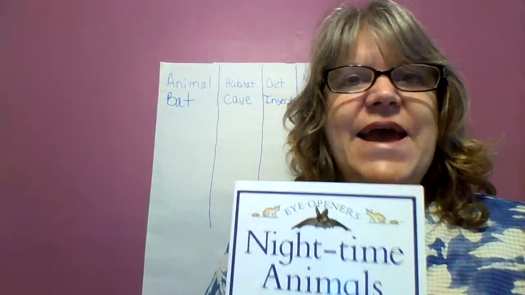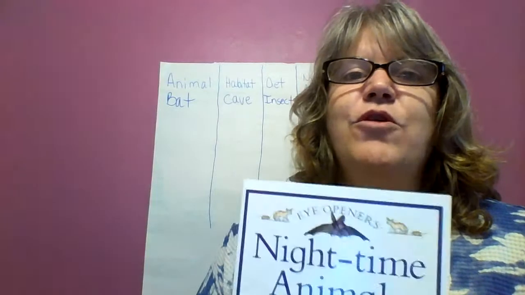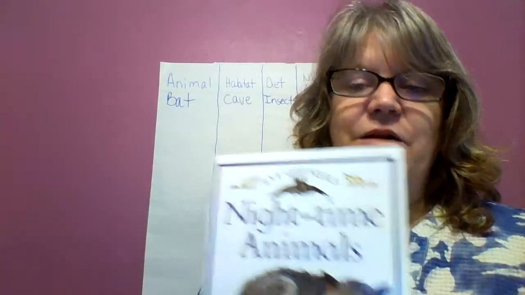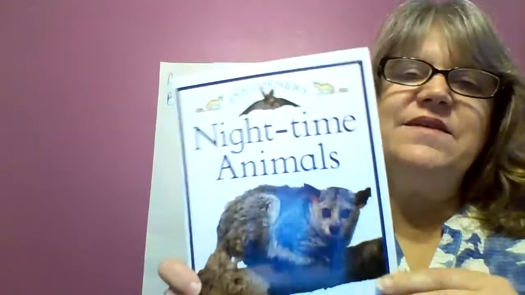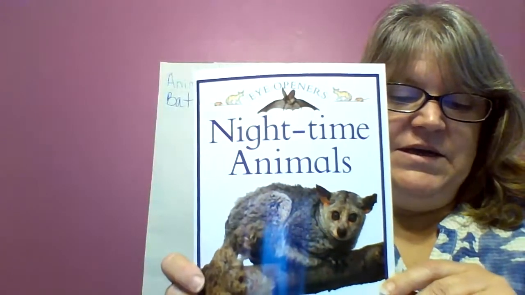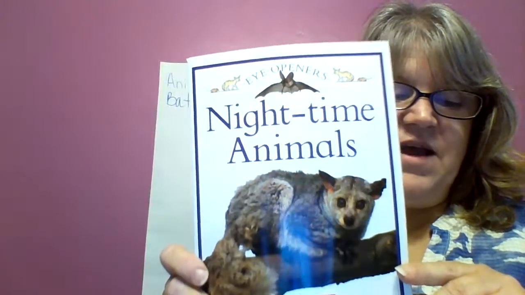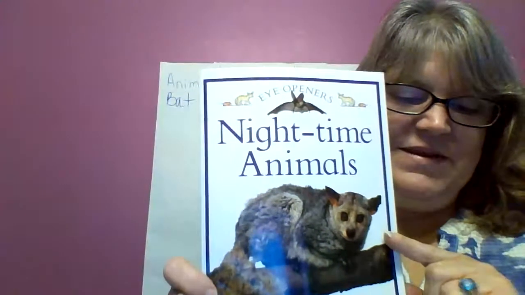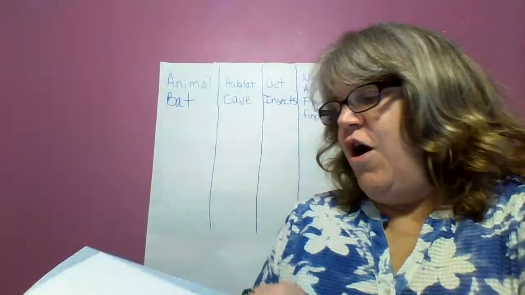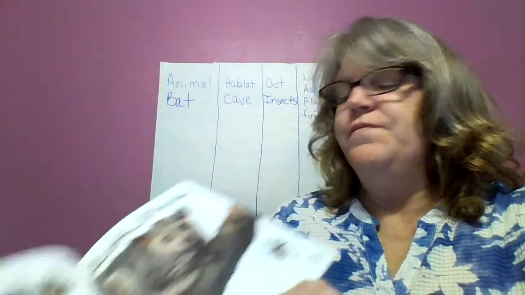We're going to be using headings today to help us with our purpose for reading, to find out about nighttime animals. So this whole book is about nighttime animals, but each section has a specific idea related to the topic, nighttime animals. So we're going to start with our first page.